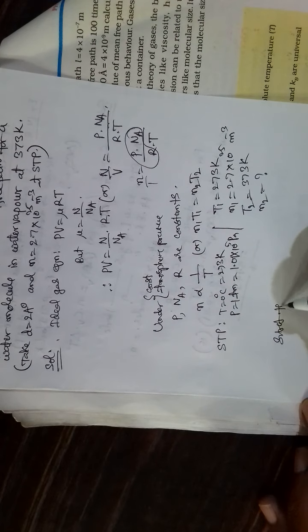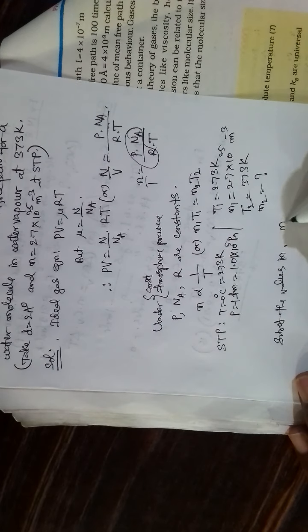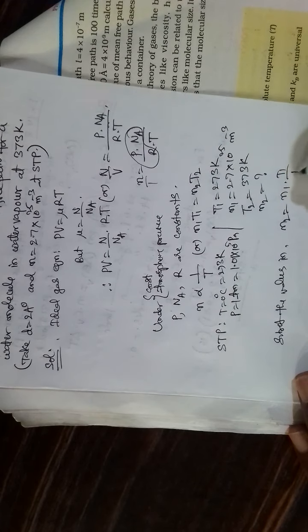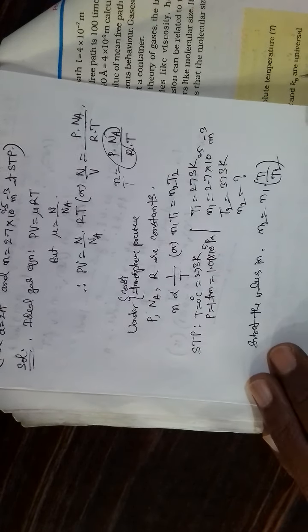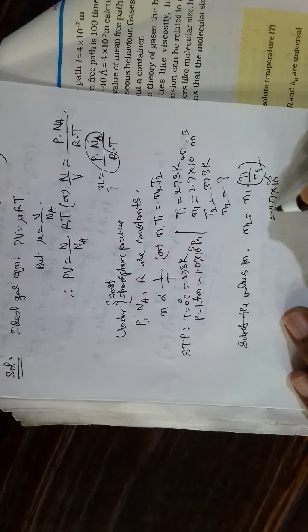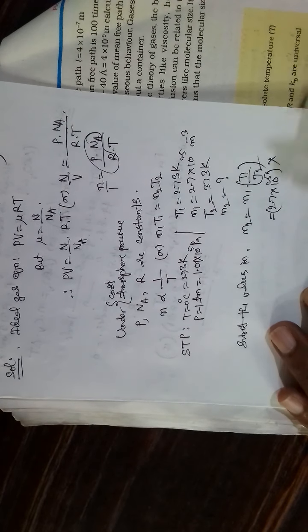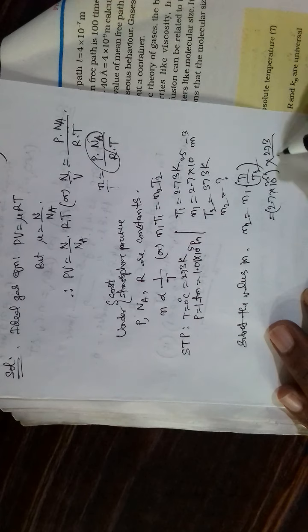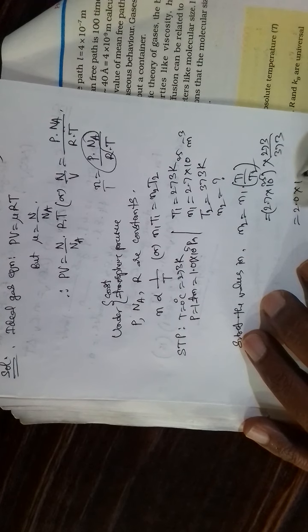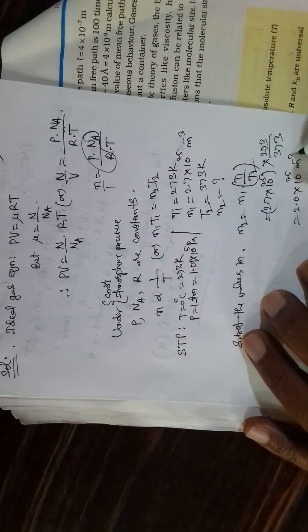So substituting the values, make n2 the subject: n2 is equal to n1 into T1 by T2. n1 value 2.7 into 10 to the power of 25 into T1 273, T2 373. You get 2.0 into 10 to the power of 25. So you got the n value.